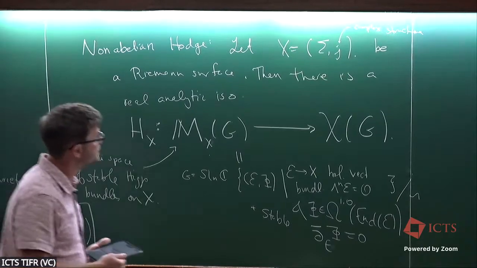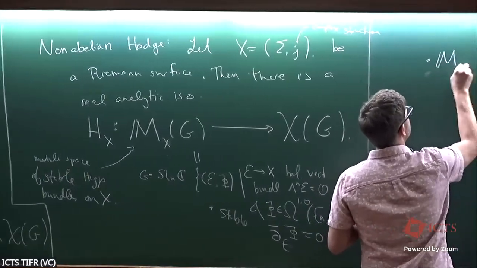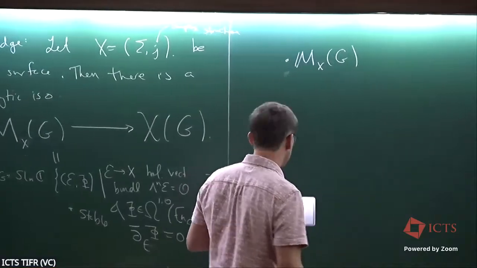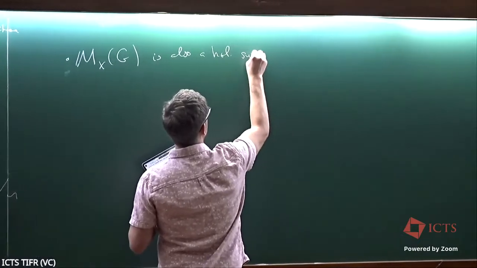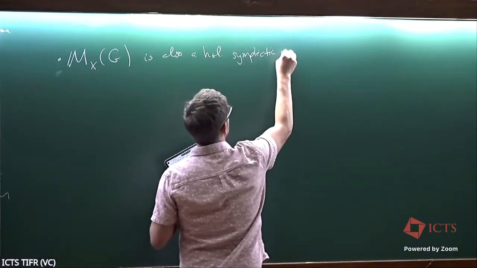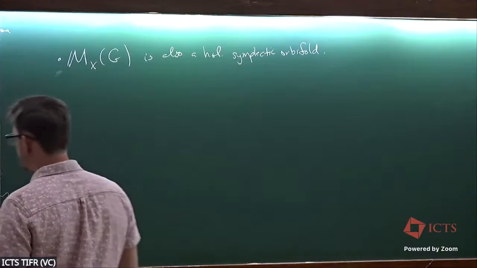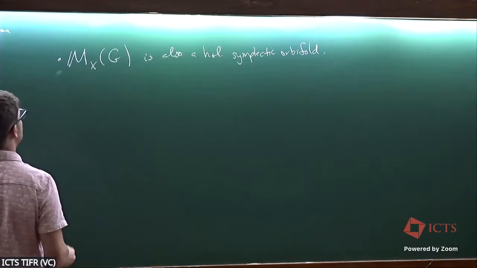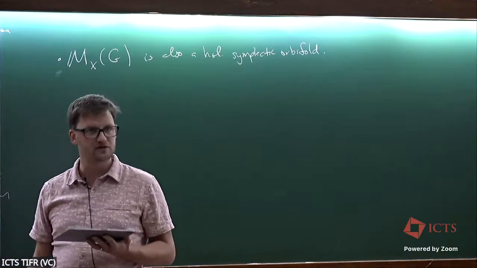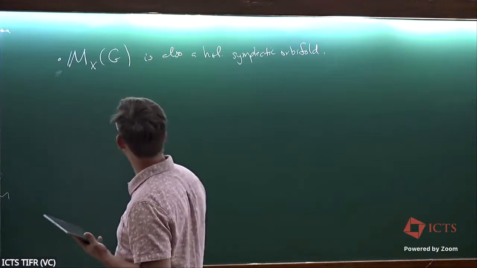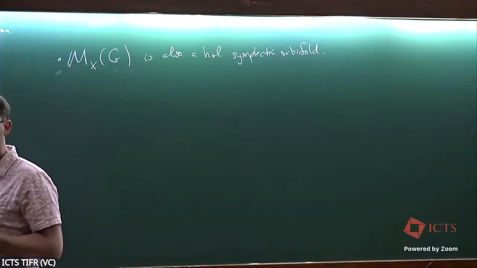Some nice features of this Higgs bundle moduli space over my fixed Riemann surface is that it's also a holomorphic symplectic orbifold. For SL(N, C), there are no orbifold points. As we're talking about scalar metrics as being an important subject, each one of these spaces, this one and this one, has these holomorphic symplectic structures.